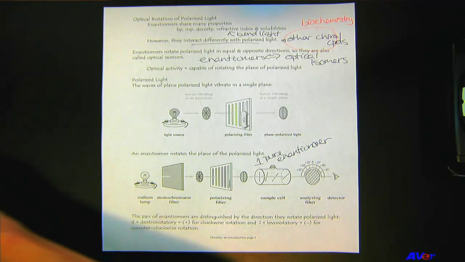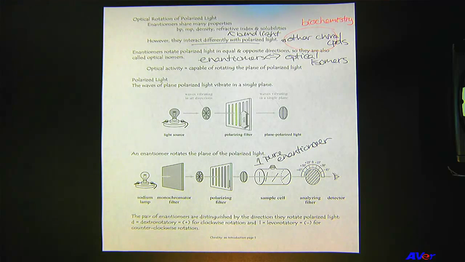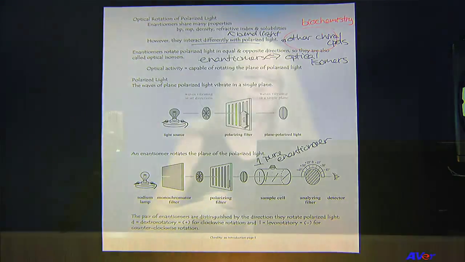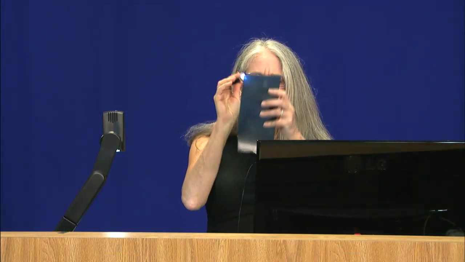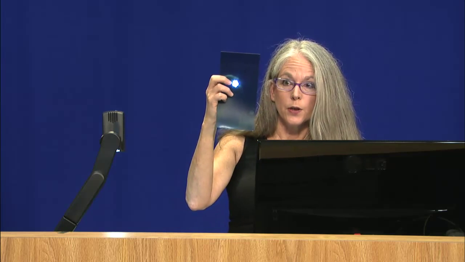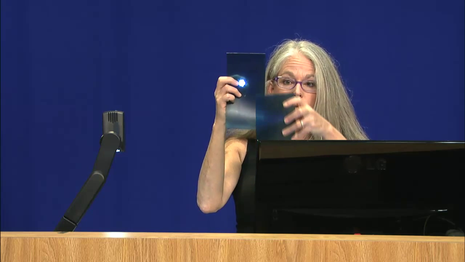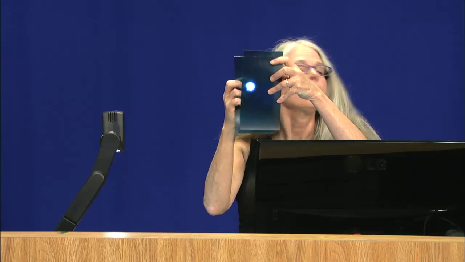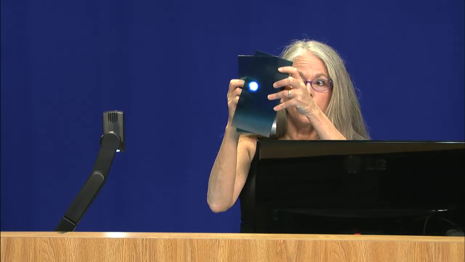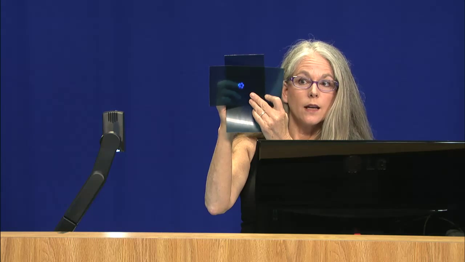So I'm going to show you an example of this with some filters. All right, so here's a flashlight, and then I'm going to put this filter in front of it, and so you can see the light coming through. Okay, so now you are looking at plane polarized light through the filter. Now this second filter is going to act like the enantiomer, and it's going to rotate the light until voila.